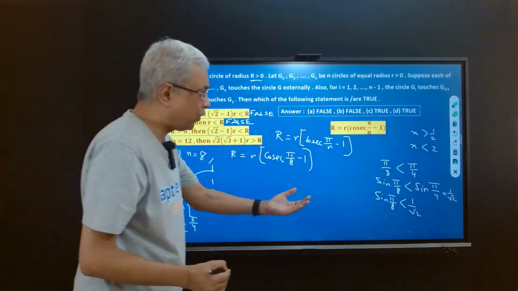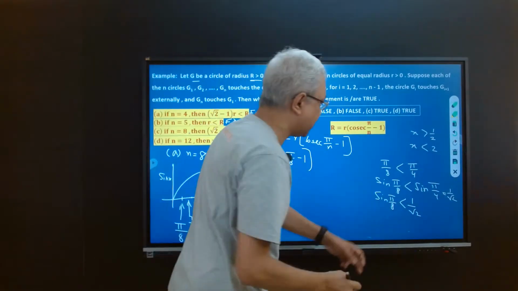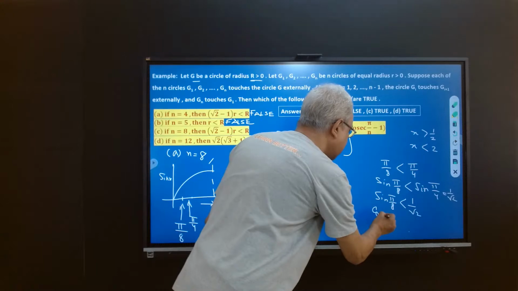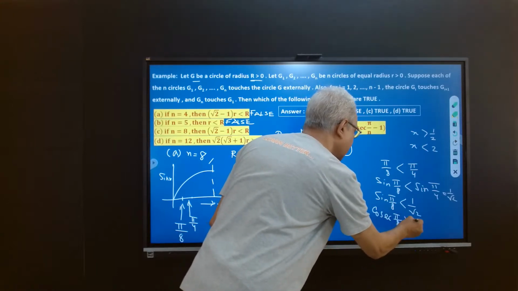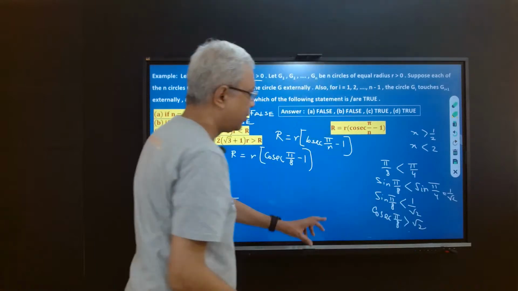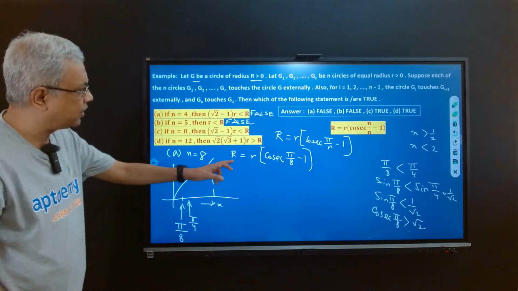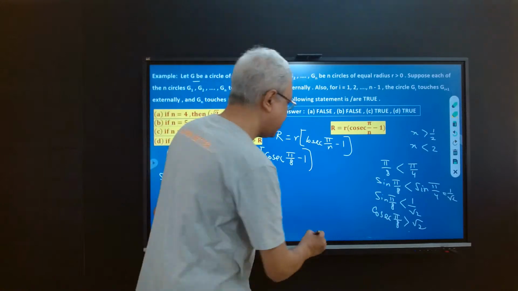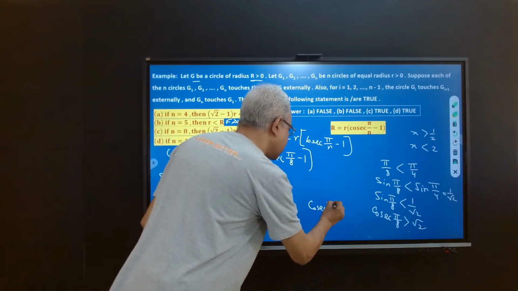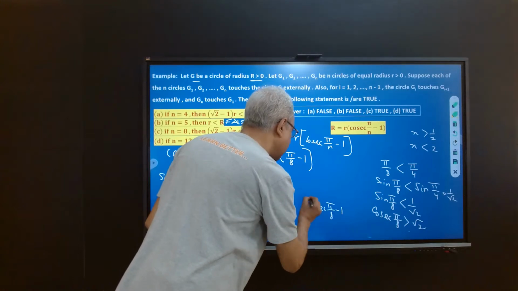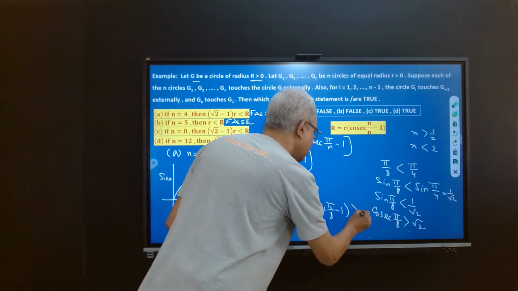Therefore, if I take the reciprocal, it becomes greater. Cosec pi by 8 must then be greater than root 2. Then what do I do? Cosec pi by 8 minus 1 must be greater than root 2 minus 1.